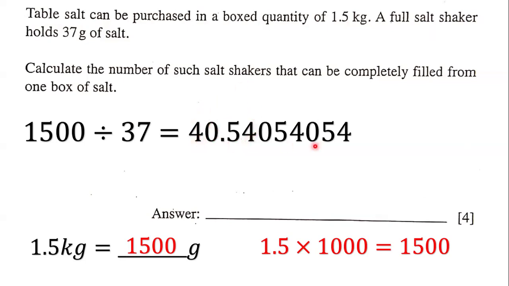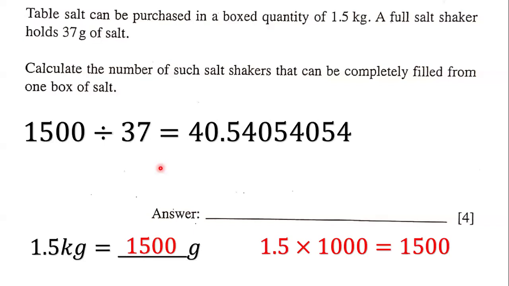Now, this decimal part also tells us that even though we have some salt still left over, this amount is not enough to give you another completely filled salt shaker. So yes, you can get some salt inside of that salt shaker, but it wouldn't be enough to completely fill it.